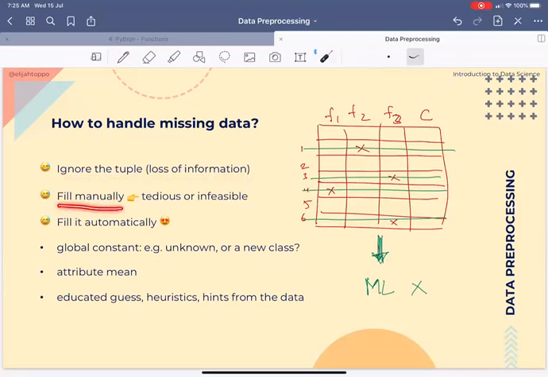If we want to fill this data, we can do it manually, but doing it manually is a very tedious or infeasible option. Especially in data science, we deal with thousands and thousands of rows of data, so it is impossible that we will manually fill each and every item. Second, what do we fill the item with? Let's say we are talking about house prices, and in one place it is not mentioned how many rooms the house has. How do you fill that data?